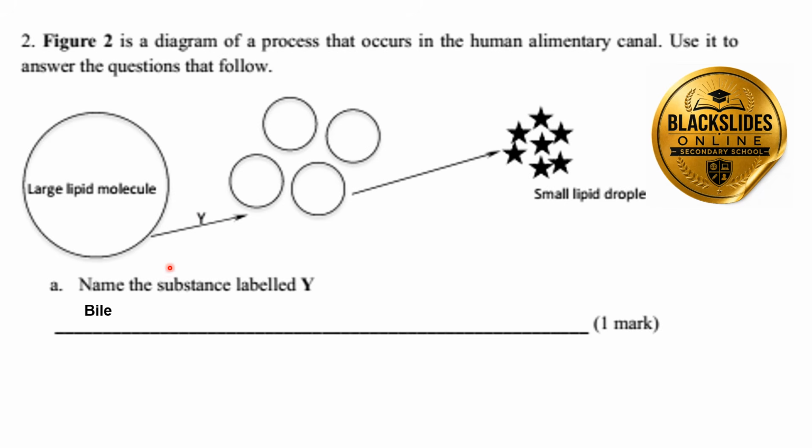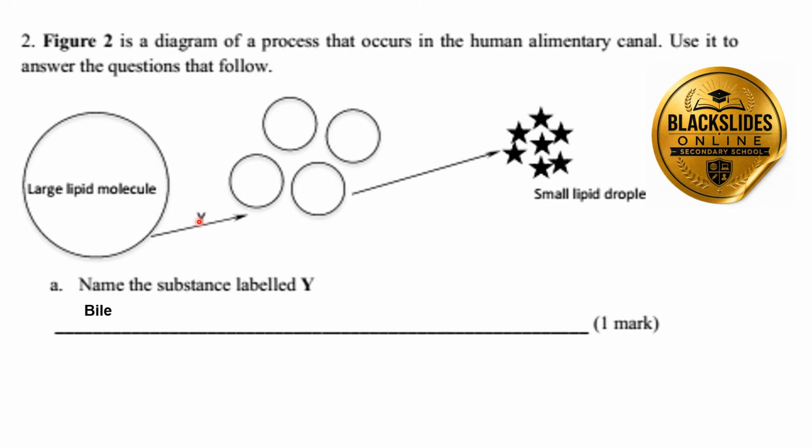Take note that bile does not contain enzymes. It's not an enzyme. So it does not chemically break the large fat molecules. This is not a chemical reaction, not a chemical process.